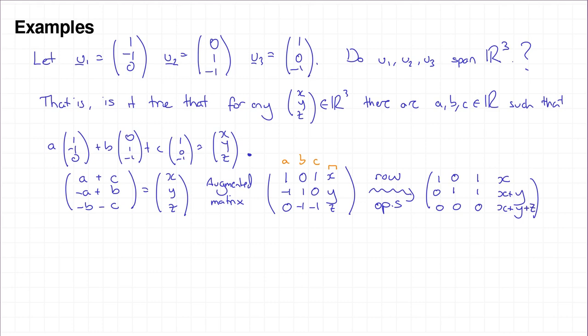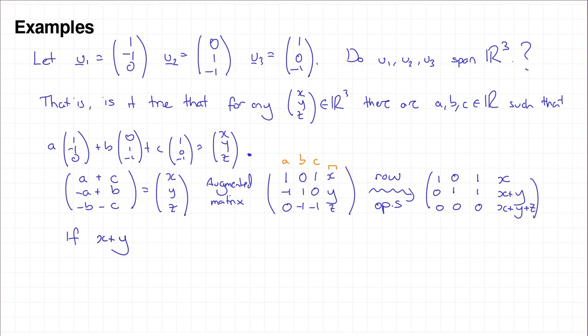And now you can see straight away that there are going to be some cases where there are no solutions to this system of linear equations, because if x plus y plus z is not 0, then the last equation is 0 equals something which is not 0.